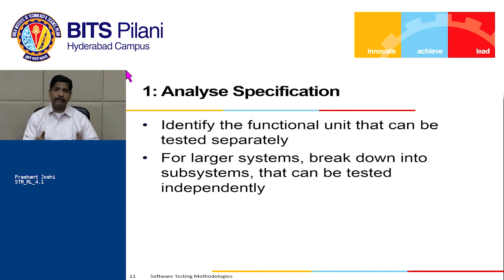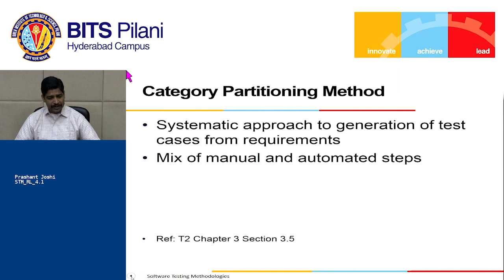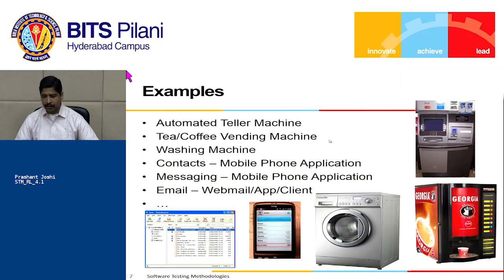If you're looking at a coffee machine, would we really want to break it down into subsystems? We have a coffee machine here now, and would you want to break it down further? Probably not. The coffee machine in this case, which is the Georgia coffee machine, we would probably not break down further to test the subsystems.